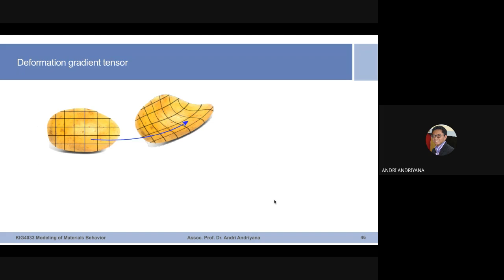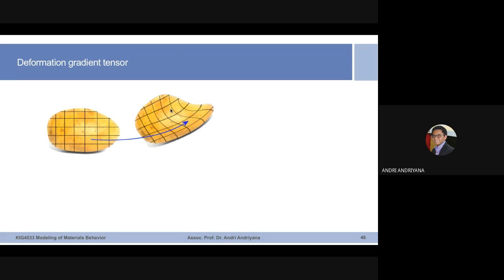Okay, so here I give you an example of a potato, and imagine that I can squeeze, deform, and so on, such that this potato is distorted and deformed to become this one. So this is the initial potato, and after that I squeeze and so on, just load it mechanically so that it becomes distorted and takes this shape. So it is deformed basically.